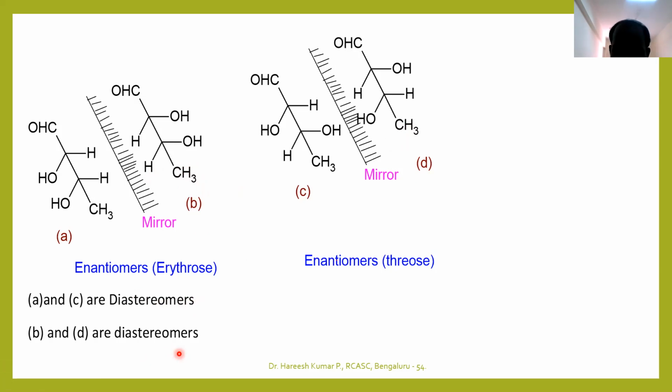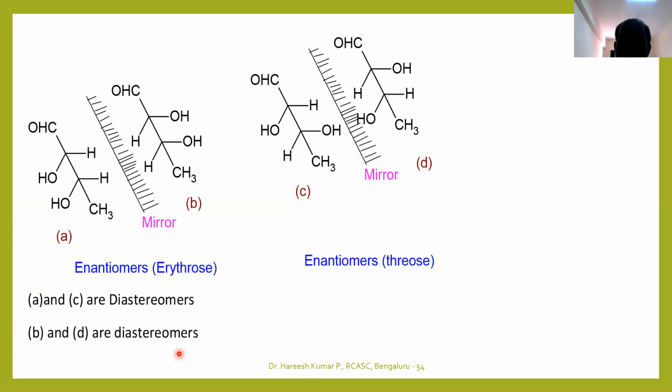Of course, I will also discuss the definition of enantiomers and diastereomers. But with an example, I explained what are enantiomers and what are diastereomers. Maybe later I will take the definition. Of course, I can also explain here itself. Non-superimposable mirror images to each other are called enantiomers.